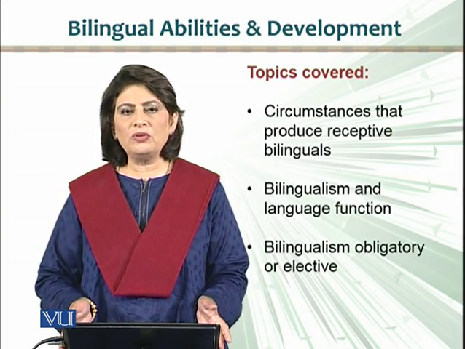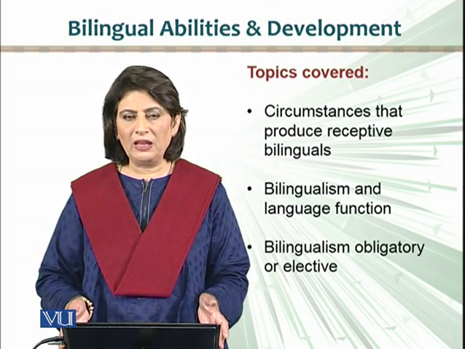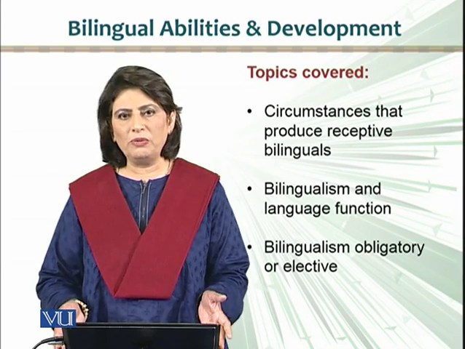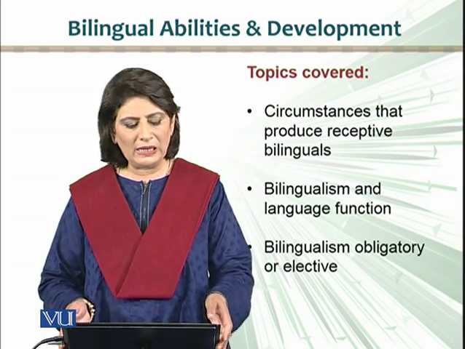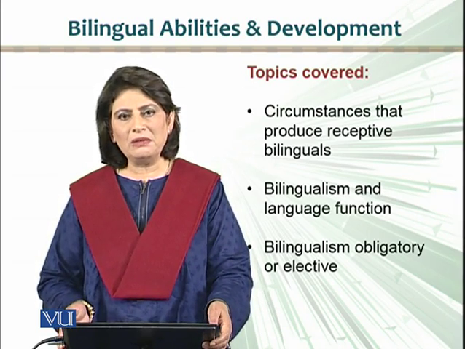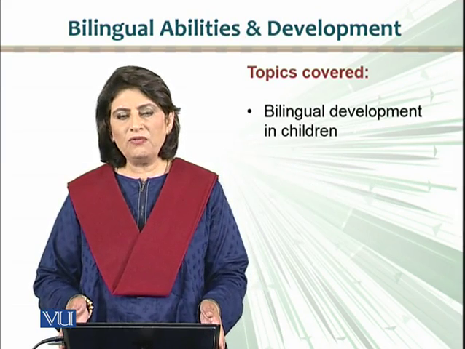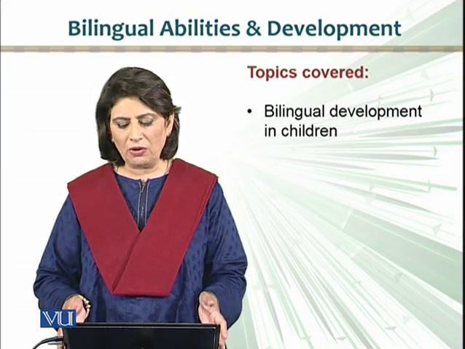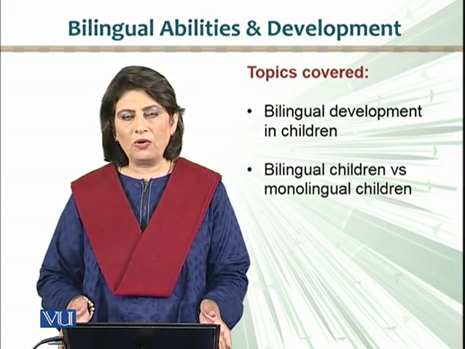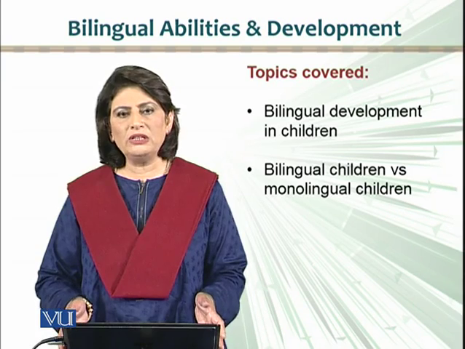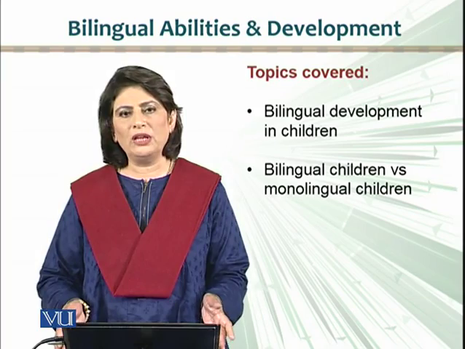We also try to explore the two types of bilingualism. Number one, the obligatory bilingualism, and number two, elective bilingualism. What do we mean by them? When do they happen? And then we also cover the topic of bilingual development in children, and also how bilingual children might differ or are similar to monolingual children.